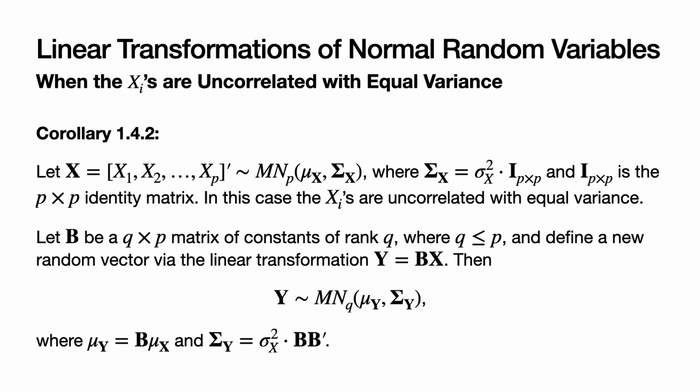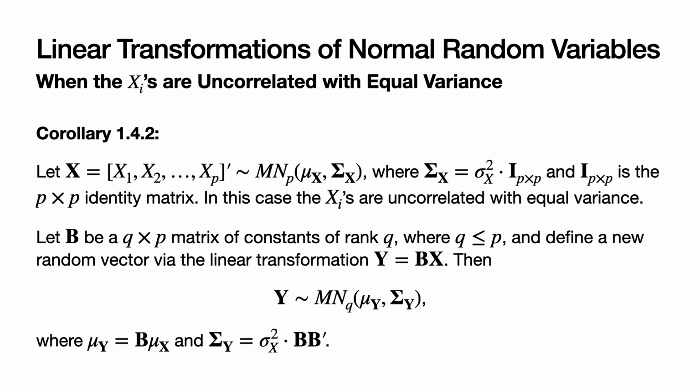So let x be a p by 1 random vector that varies according to a multivariate normal distribution of rank p, with mean vector mu sub x and covariance matrix cap sigma sub x, where in this case, the covariance matrix cap sigma sub x has a special form equal to sigma squared sub x times the p by p identity matrix. In this case, the x's are uncorrelated and they all have the same variance.